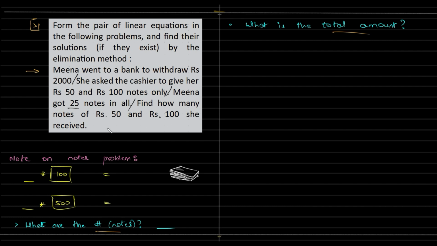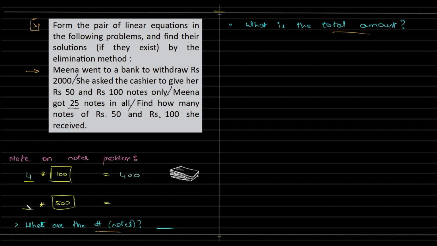So when we talk about number of notes and the total amount, there's a difference. Let's understand that with an example. Say you receive 100 rupee notes, each note, and you receive 4 of them. So we're looking at an amount of 400.